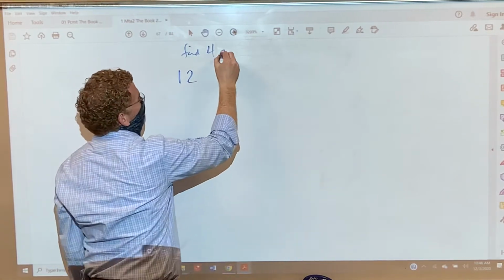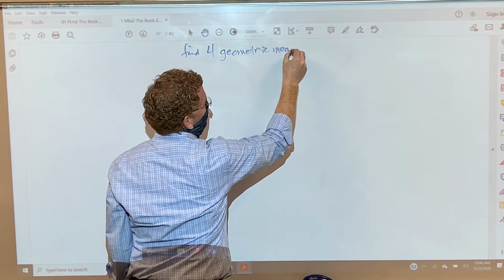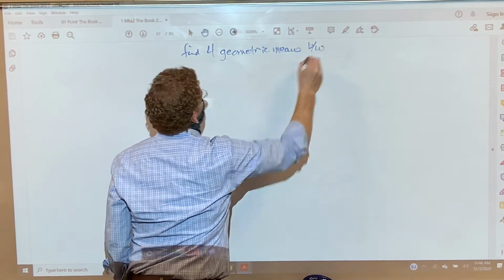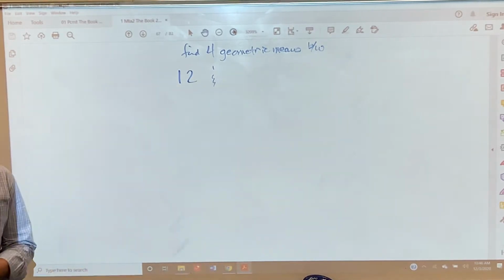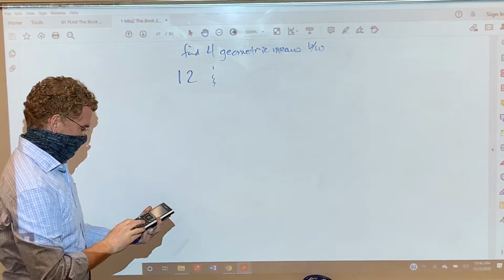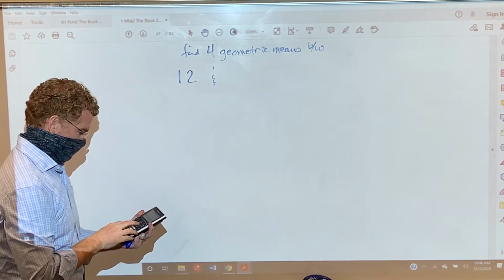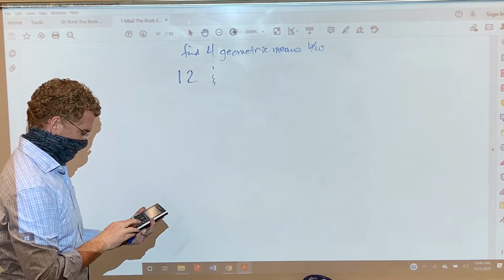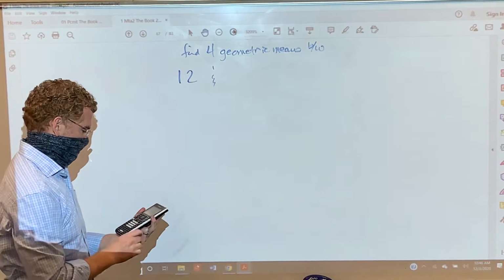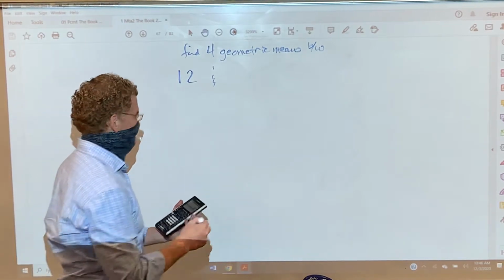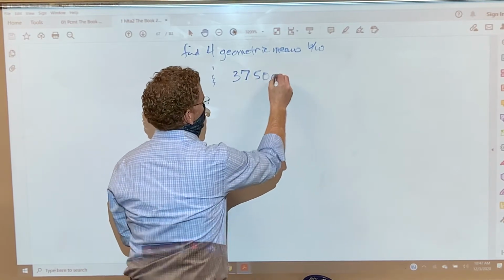Find 4 geometric means between 12 and 37,500.